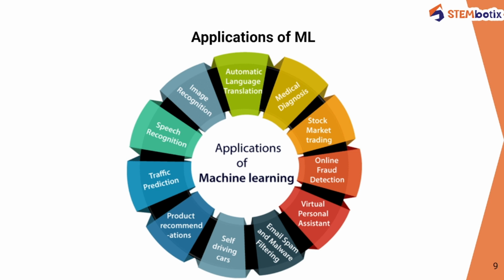In order to make a virtual personal assistant, like Siri or Alexa, they utilize machine learning to understand and respond to natural language queries, providing personalized and context aware assistance. As we already know, Siri and Alexa have this feature of virtual assistance, so they use machine learning. So these are the application areas of machine learning.